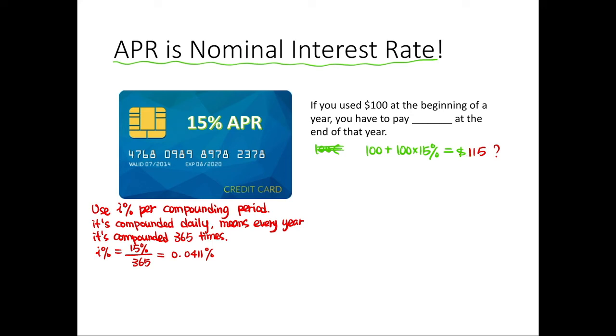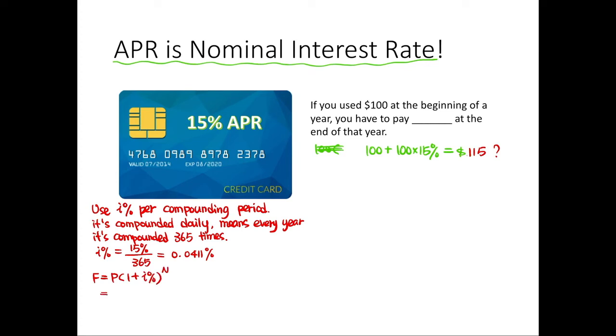But if you use the factor method to calculate the future value, you couldn't find the table for this special interest rate. So we have to use the equation. F is P times 1 plus I to the power of n.